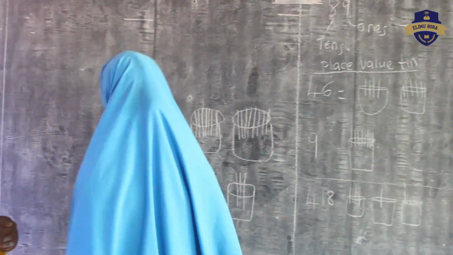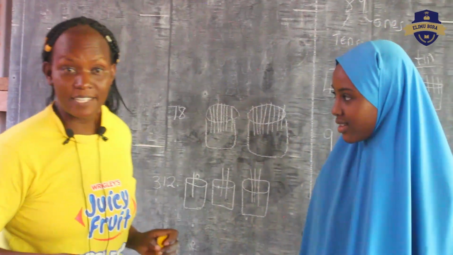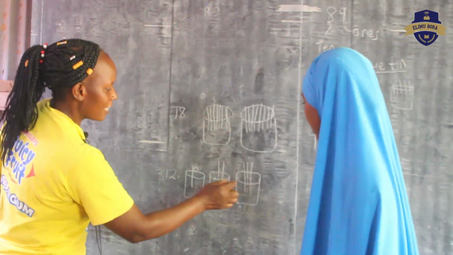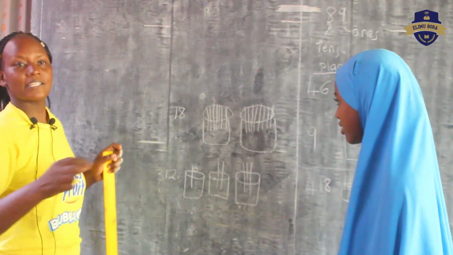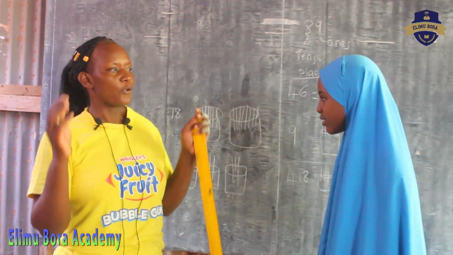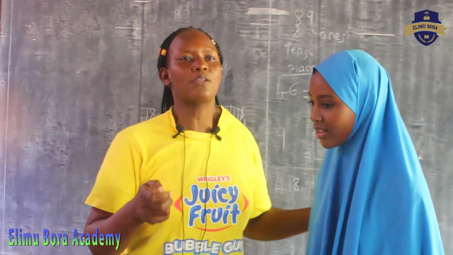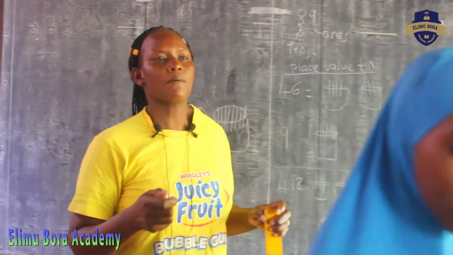Is she right? She has drawn here 3, here 2, and here 1. Is it like that? They are saying no. She has tried, but she has made a mistake. Can you come and correct Kamar?